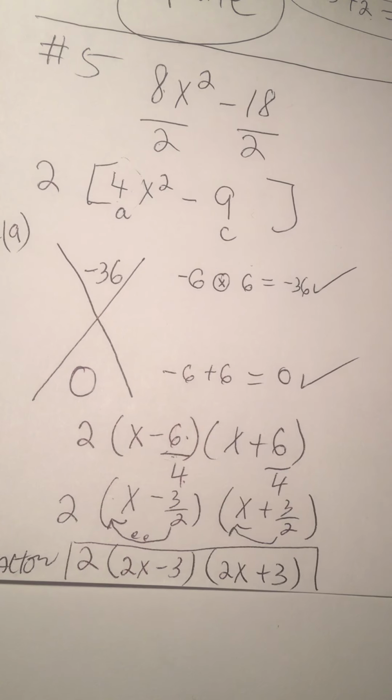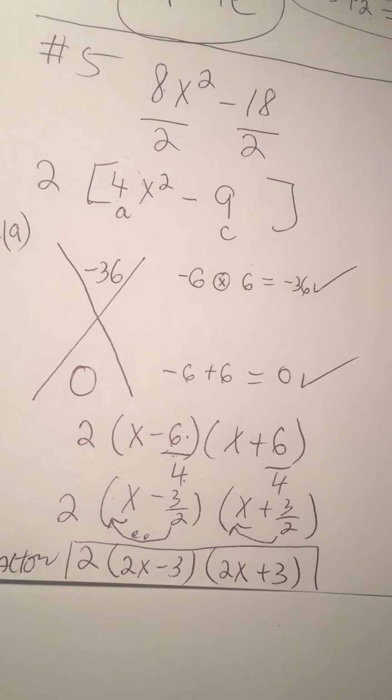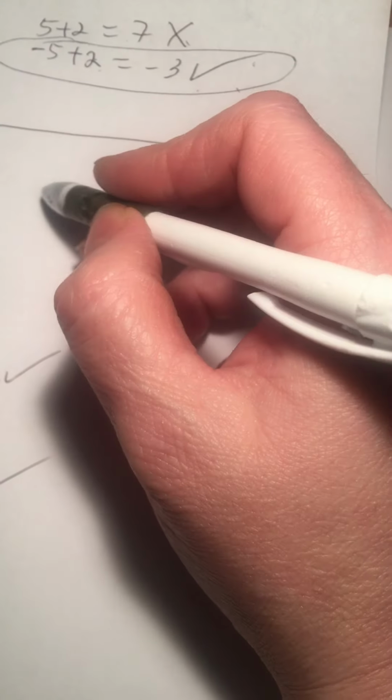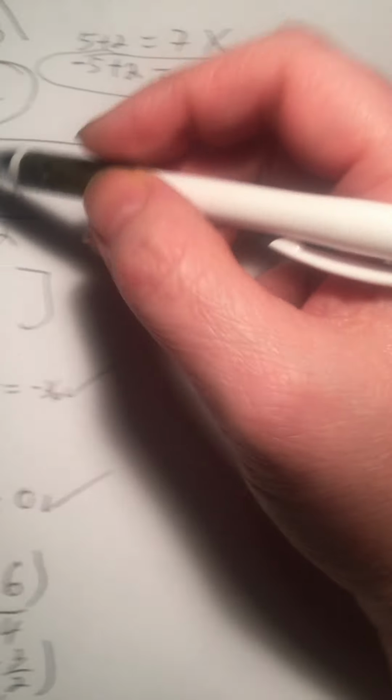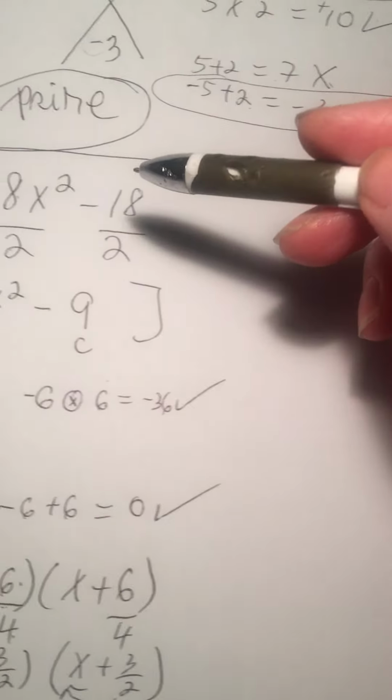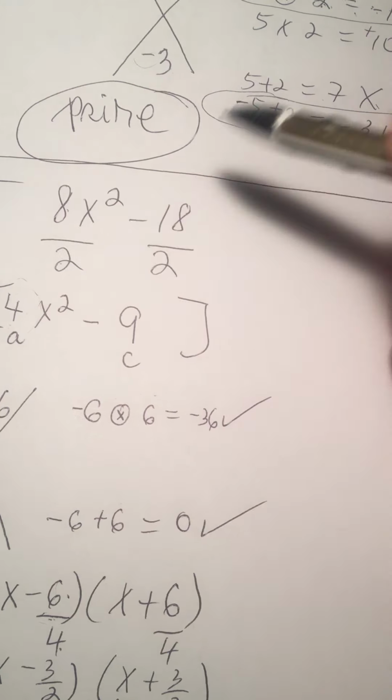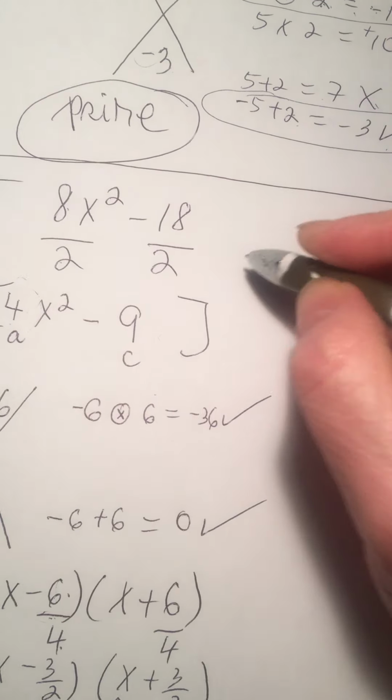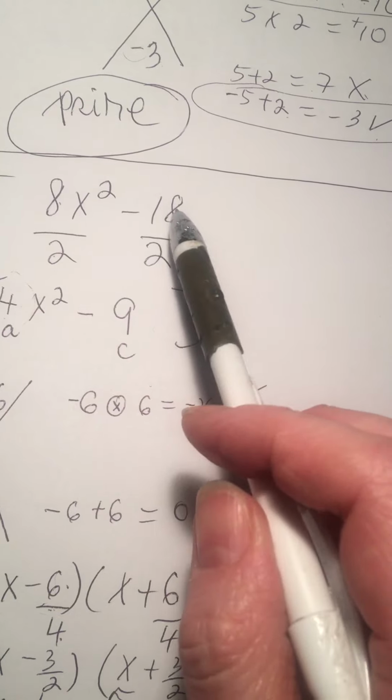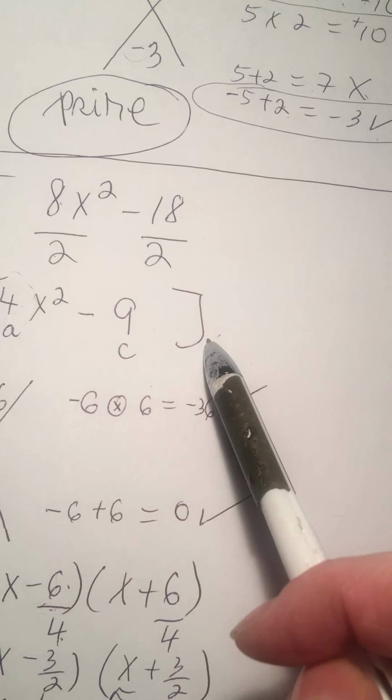Okay. All right, so that was way number 1. Let's do the second. So we're going to still do the same thing. Get our GCF. 8 divided by 2. We have the same step 1, step 2.